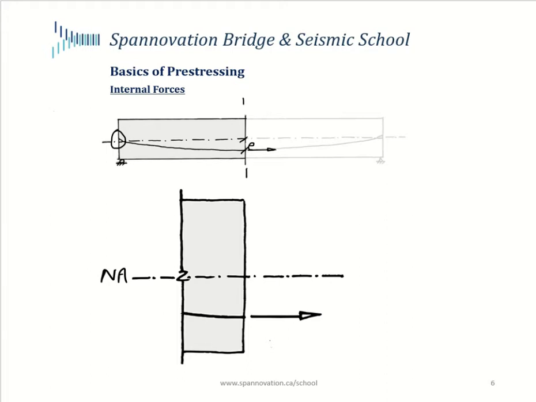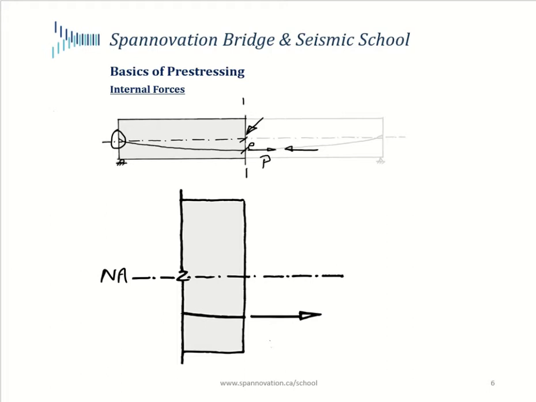When I slice it is when I start seeing forces on the right face of the left half of the beam. Looking at those forces, there is of course this pull force coming from the tendon. Let me call that force P. And this force has to be perfectly in balance, or for equilibrium needs to be balanced by another force that's a reactive force between the two faces of concrete, between the left and the right face.